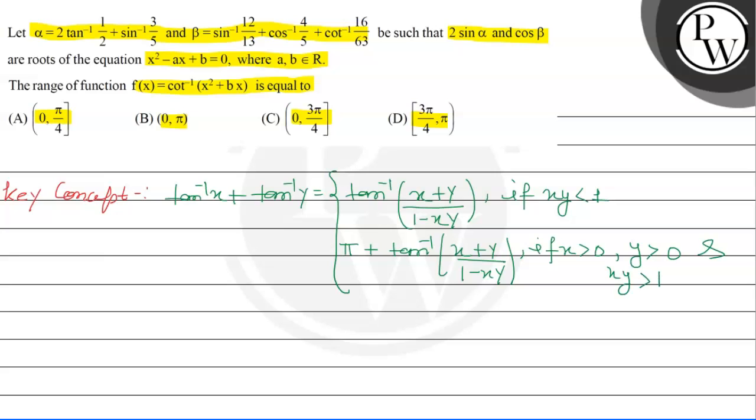Okay, next will be minus pi plus tan inverse of (x plus y) upon (1 minus xy) if x will be less than 0, y will be less than 0 and xy will be greater than 1. Okay, so these are the conditions.